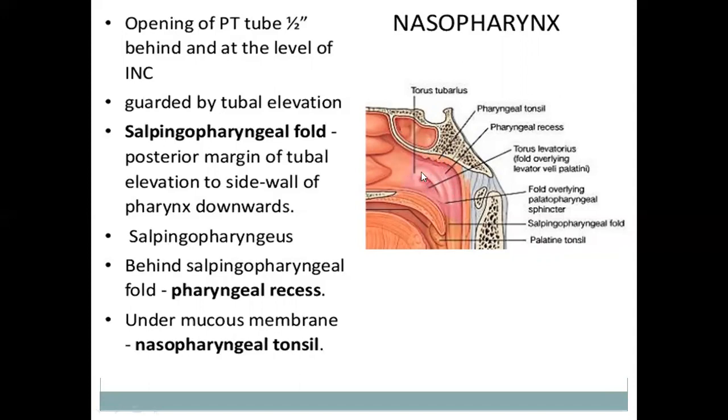In very severe conditions it obstructs the pharyngotympanic tube and develops deafness, and there are repeated chances of middle ear infection. So the treatment is to remove these enlarged pharyngeal tonsils, or adenoids, to cure all of these conditions.